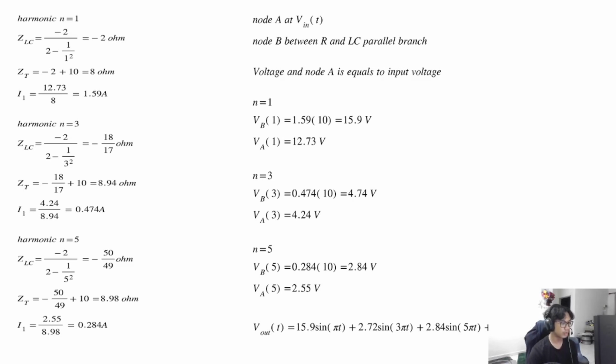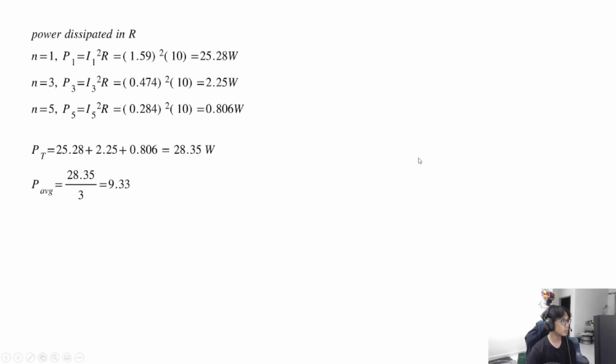So the equation is V_B equal to 15.9 sine pi t plus 2.72 sine 3 pi t plus 2.84 sine 5 pi t, and so on. So power dissipated in resistance, when n equal to 1, power is 25.28 watt, and n equal to 3, we get 2.25 watt, and n equal to 5, we get 0.806 watt.